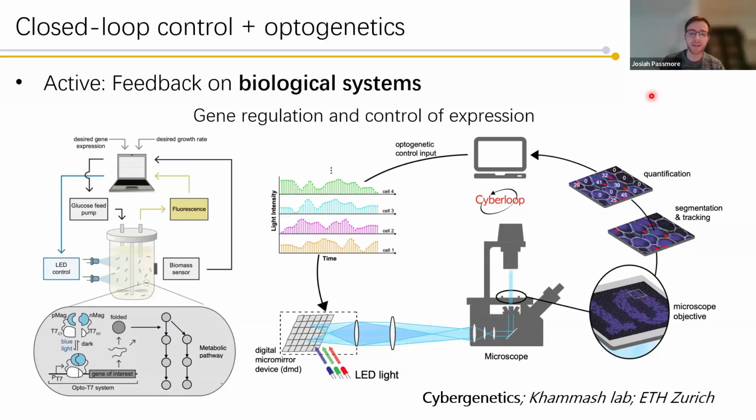A more active approach would be where you're taking feedback on the biological systems themselves. One great example of this is in cybergenetics, coming out of Mustafa Khammash's lab at ETH Zurich, where you're looking at the feedback on the system itself by looking at gene regulation and control of expression, with an internal feedback loop that detects the outcome of your optogenetic stimulus and then adjusts the illumination over time in order to induce specific expression levels.